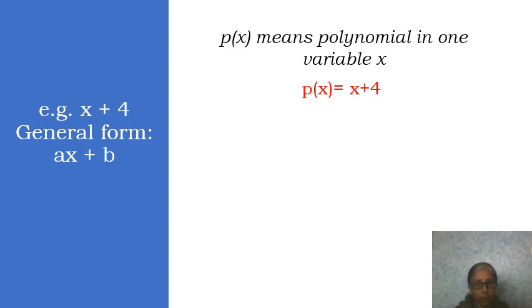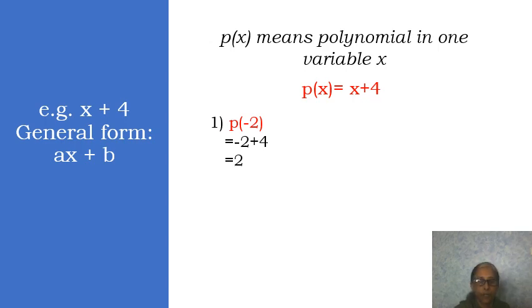Now we are going to find out the value of p of minus 2. Look at it carefully. Where is this minus 2 written? In the place of x. When p of x is equal to x plus 4, what is the value of p of minus 2? That means in the place of x you have to put minus 2. Just substitute and you get minus 2 plus 4 is equal to 2.